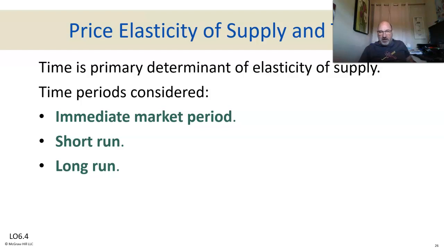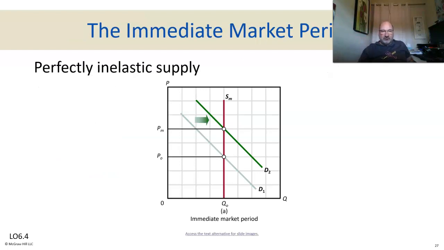So right now, over the next month or so, and then long run. Perfectly inelastic supply is just going to be a vertical line, just like it was for demand, and then demand will move along that line, determining price.